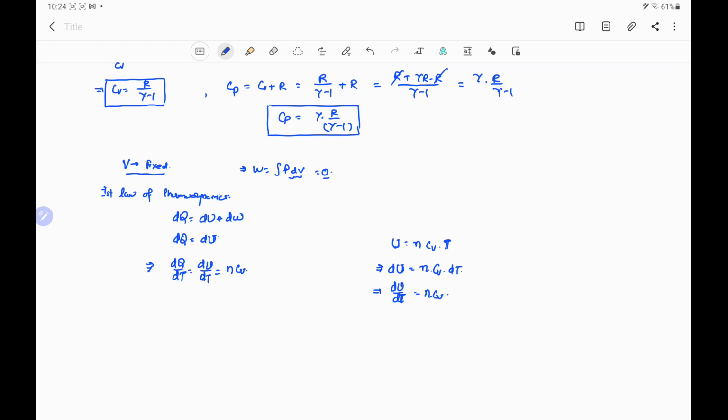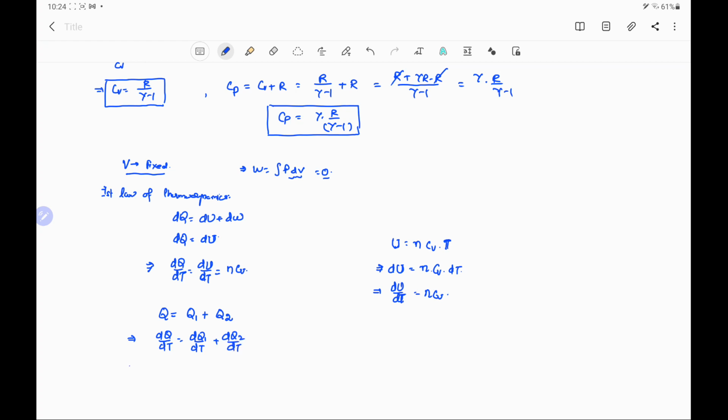From the conservation law of energy, we can say that total heat is equal to the heat of the first gas plus the heat of the second gas, or we can write dq/dt equals dq1/dt plus dq2/dt.